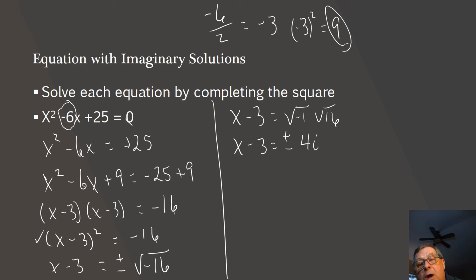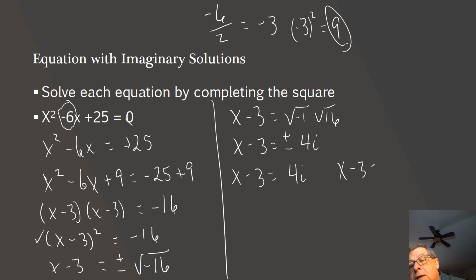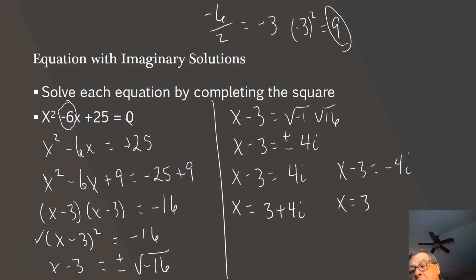Let's set up two equations, why don't we? We got x minus 3 equals positive 4i, and we got x minus 3 equals -4i. Well, let's solve for x from both of these little equations to get our two complex roots. And so we got x equals 3 plus 4i, and we got x equals 3 minus 4i.